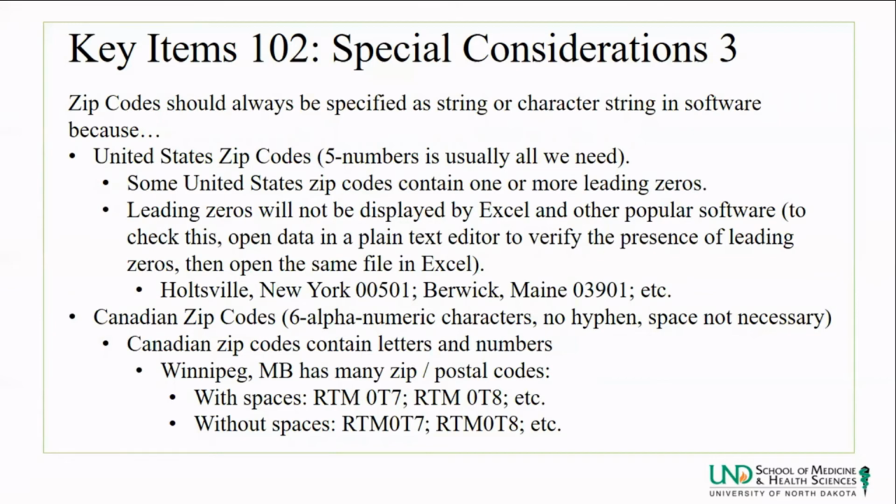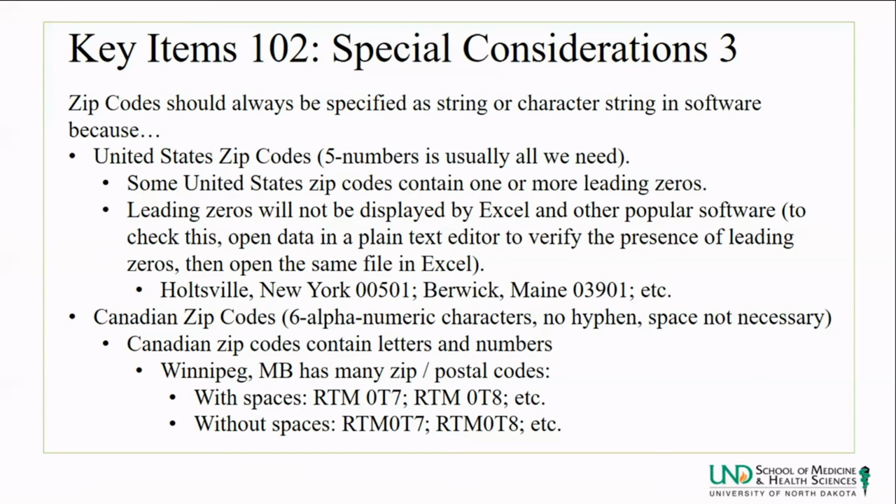Because we use these zip codes often in creating a map, a representation of what's going on in different parts of North Dakota and/or surrounding states. So really we're talking about county level things, and only the 5 digits are needed.